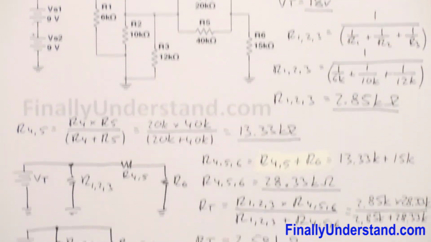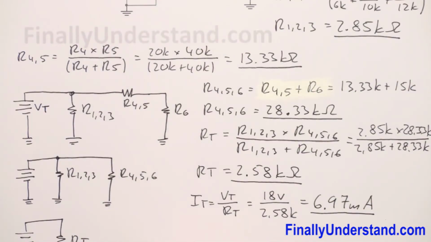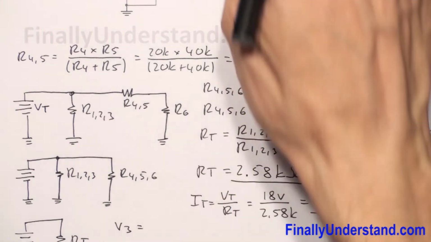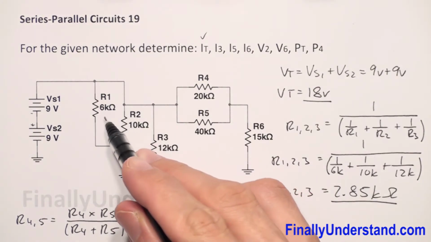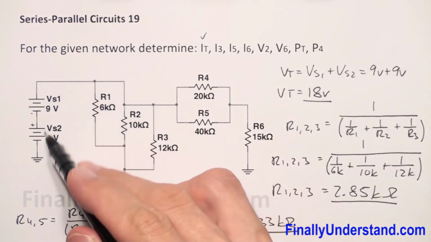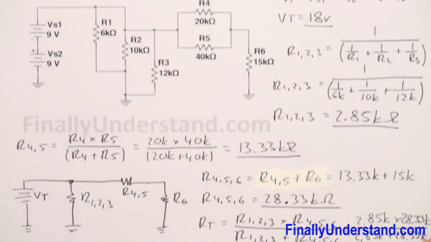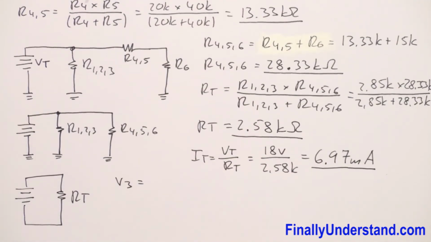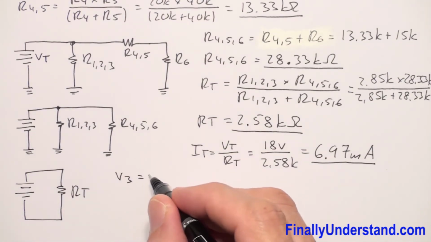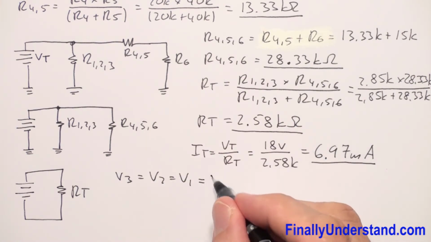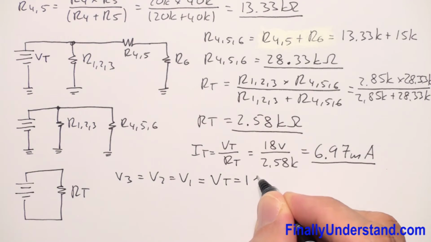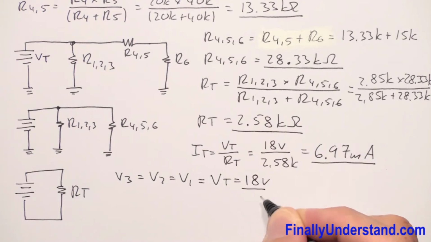So I can say that my V3 is also equal to V2, is equal to V1, and this is also equal to V total, and this is equal to 18 volts.